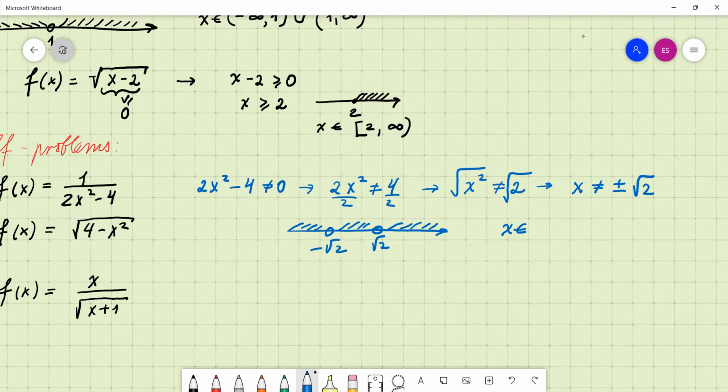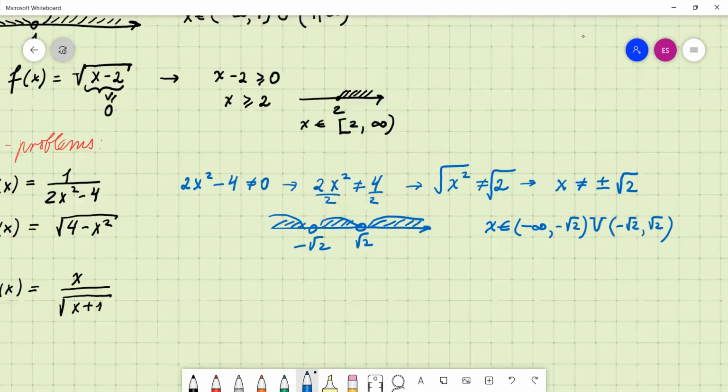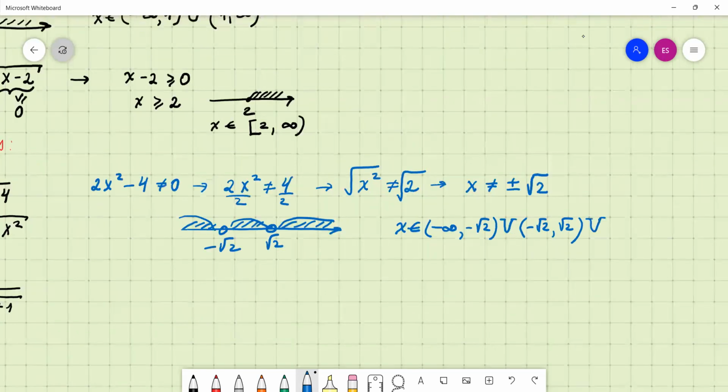I'm going to start with the left interval. That's negative infinity to minus square root of 2, unified with the interval from minus square root of 2 to square root of 2, the middle one. And the last interval will go from square root of 2 to positive infinity. That's going to be the interval notation, or you can say all real numbers except plus minus square root of 2.